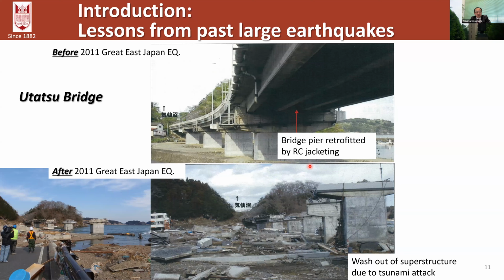Although the bridge pier was retrofitted with reinforced concrete jacketing to increase seismic performance, so you can see the difference in concrete color, this seismic retrofit could prevent the damage to bridges due to ground motion. However, this couldn't prevent the washout of the superstructure.